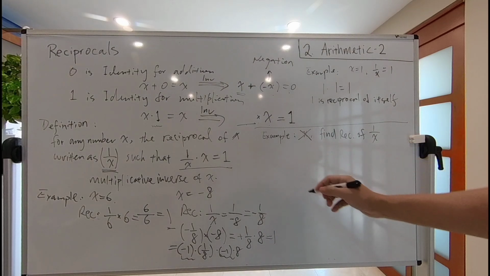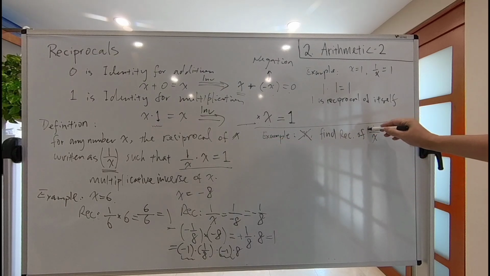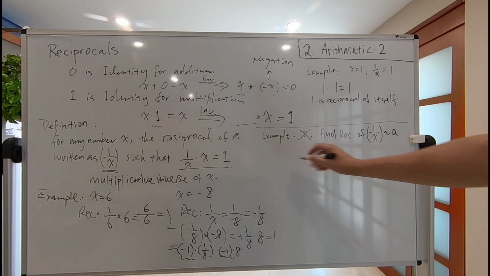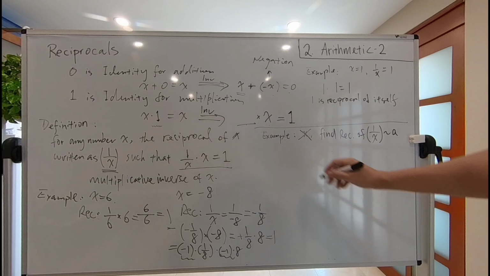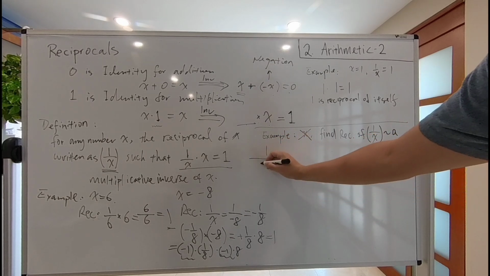Again, we can just start from the definition. The reciprocal of any number, you can either write this into a different notation for simplification, or you can just leave it, and just by knowing that this will be considered as one whole term, then the reciprocal is just 1 over this term, right?